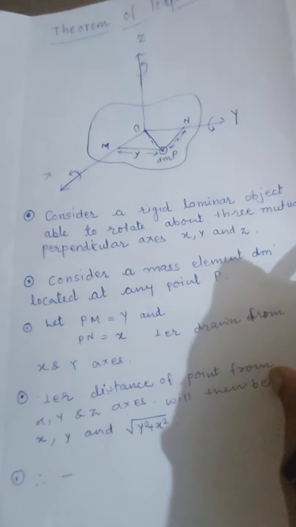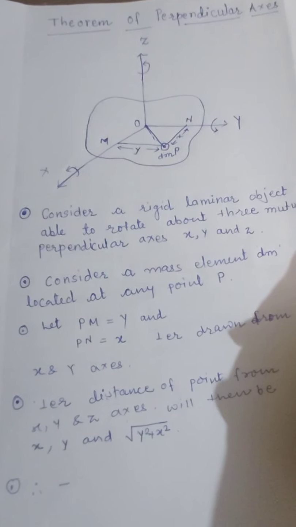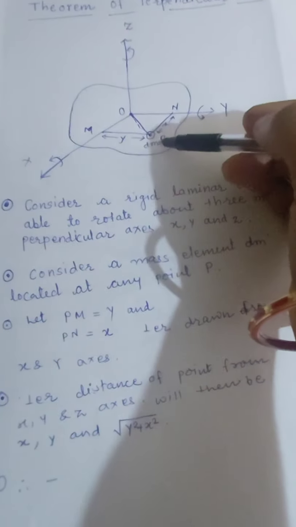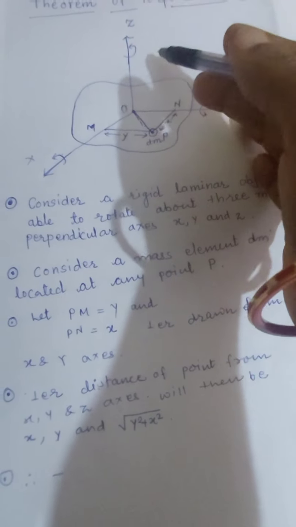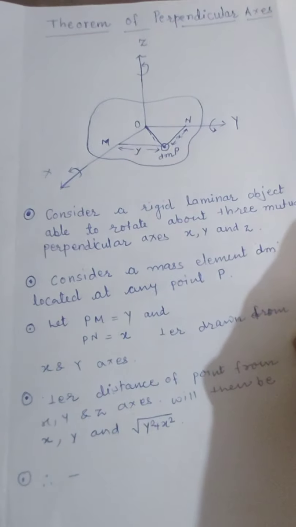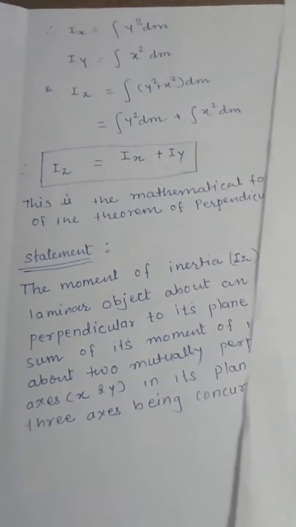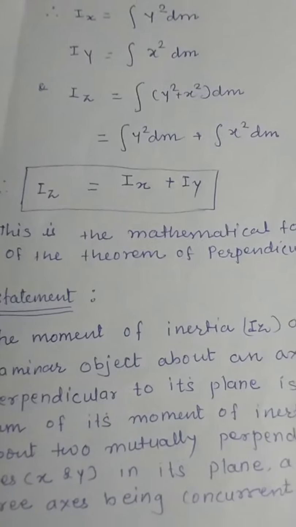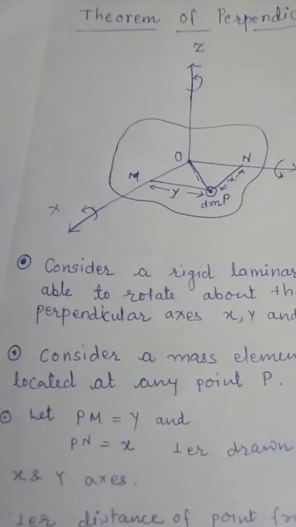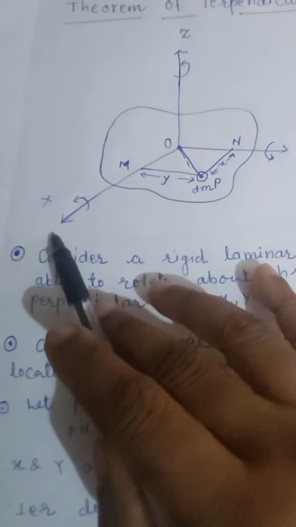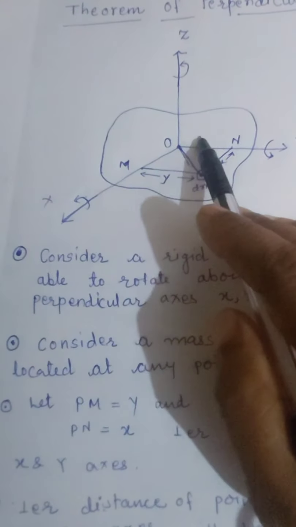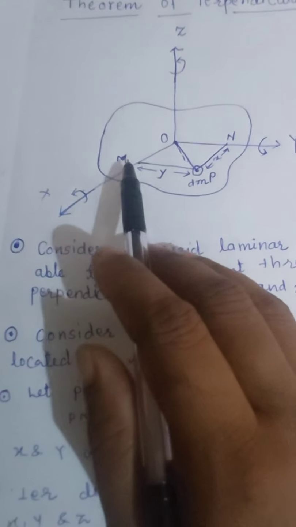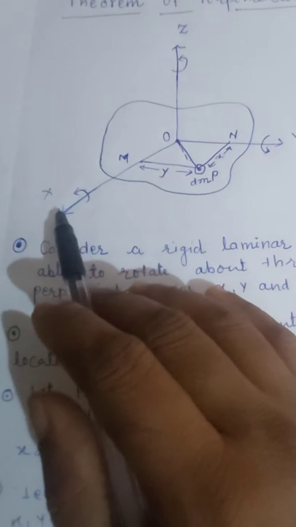So let us find out now the moment of inertia. Therefore we can write the moment of inertia of this point P about the x axis. About this x axis, the point P is at a distance y from the x axis.